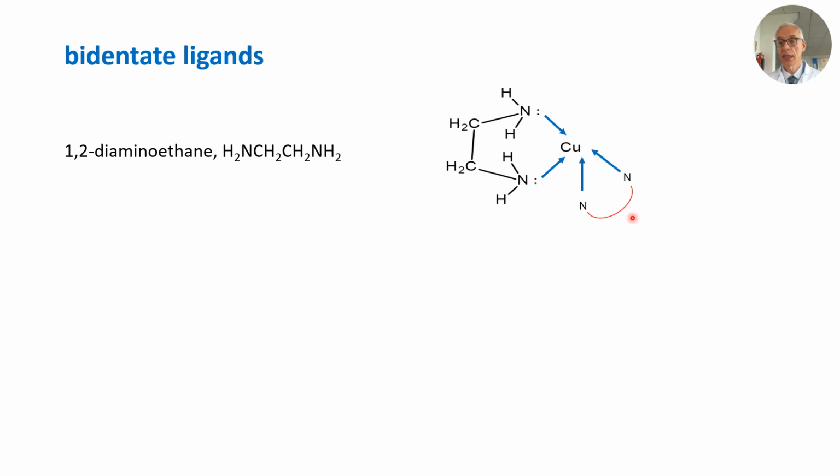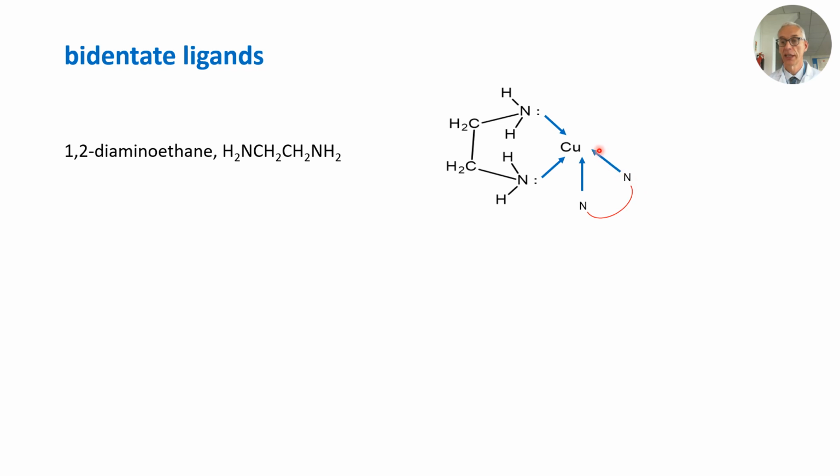You'll see in textbooks and A-level questions, rather than writing out this whole structure, a focus just on the atoms that donate the lone pair of electrons. So the nitrogen of the diamino compound, the second nitrogen of the diamino compound, and some structure in between.